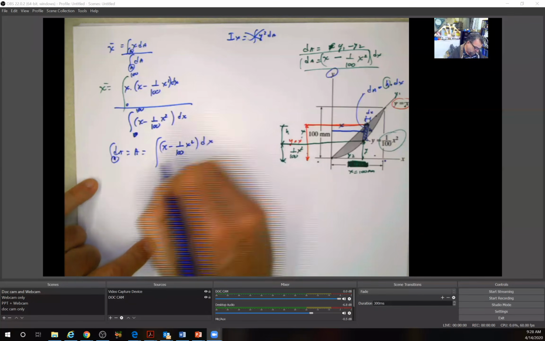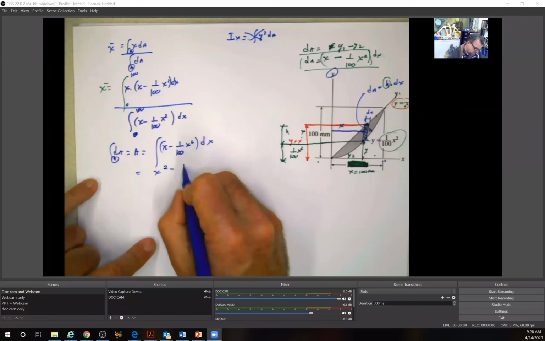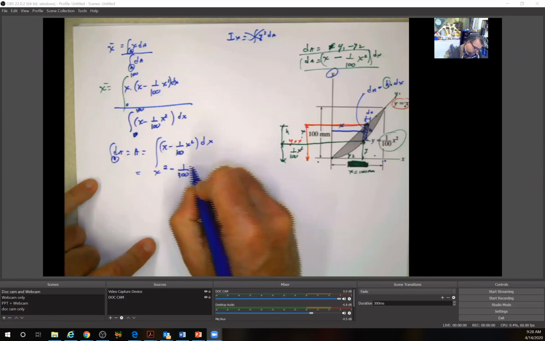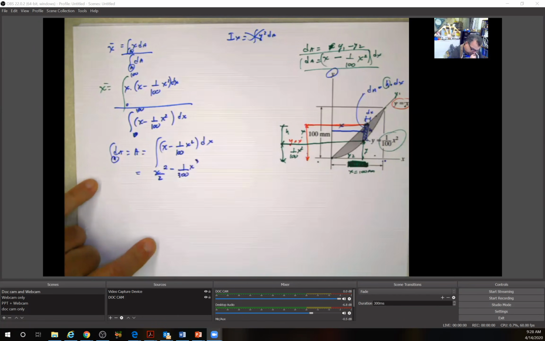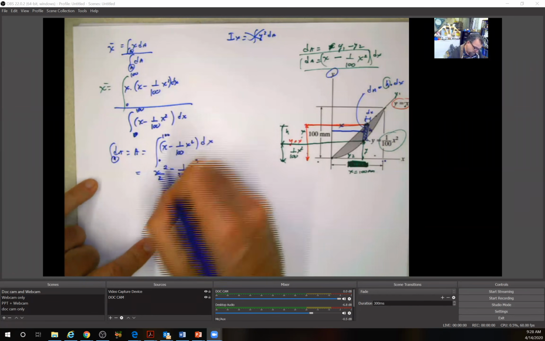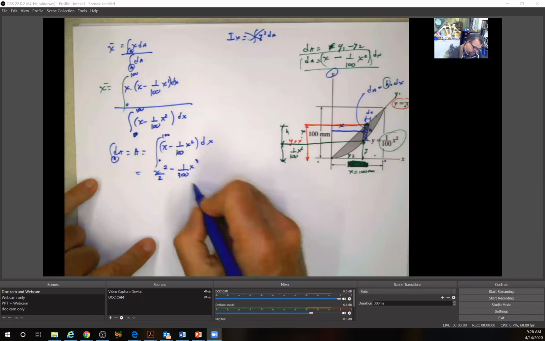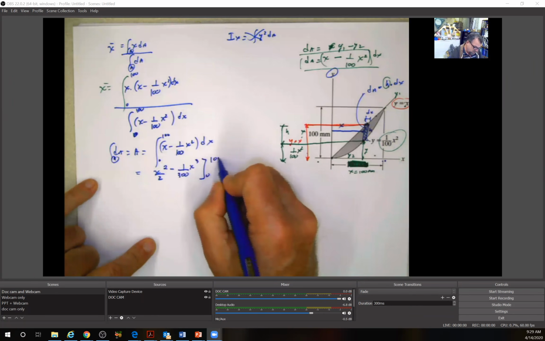And if you solve, this is going to be equal to x squared over 2 minus 1 over 300 x cubed over 3, evaluated between 0 and 100.